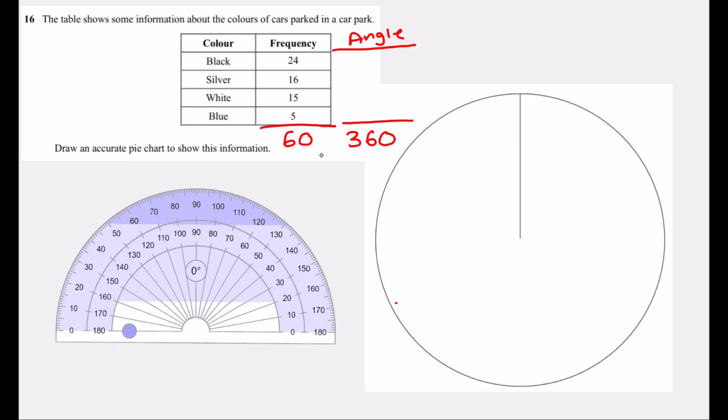So what do we have to times by to go from 60 to 360? If we do 360 divided by 60, we get 6. So we're going to be multiplying by 6. 5 6s are 30. 6 15s, that's 90.